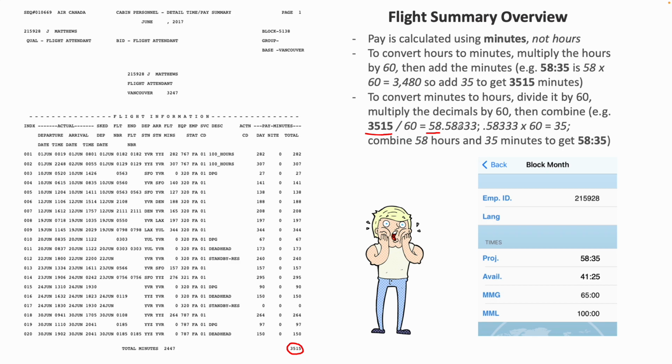So what we then do is remove the 58 ever so briefly, so that all we are looking at is the fraction. We then multiply the fraction by 60 to get the number of minutes that it represents. And in this case, that number is 35. That gets us the 58 hours that we crossed out. We add 35 minutes after, and that gets us 58 hours and 35 minutes, which again matches to what we see in Globe.